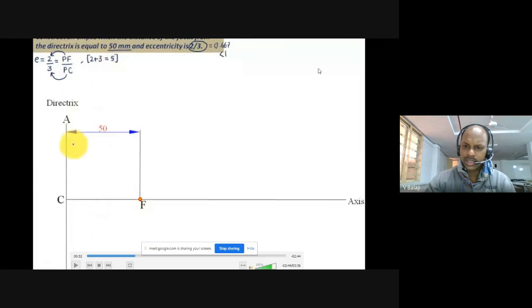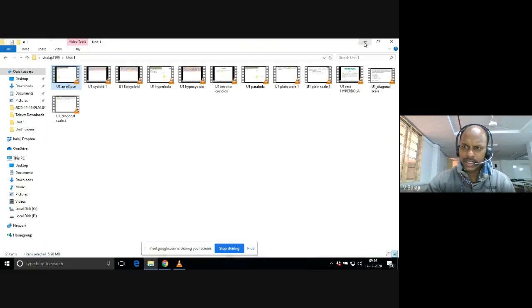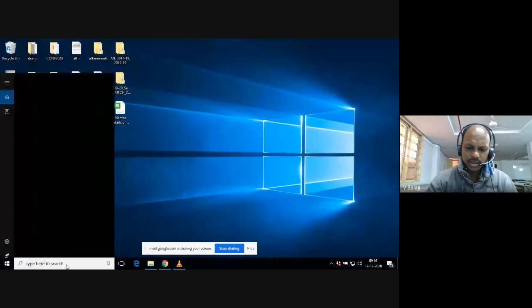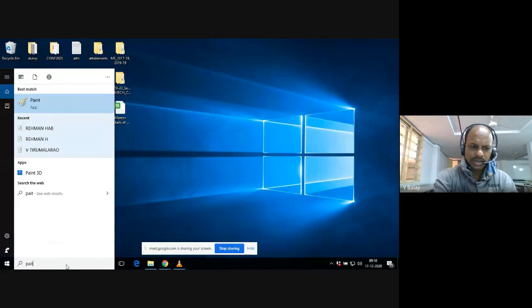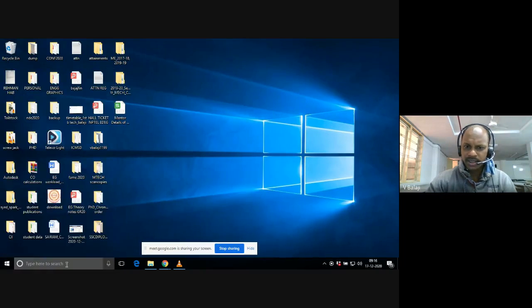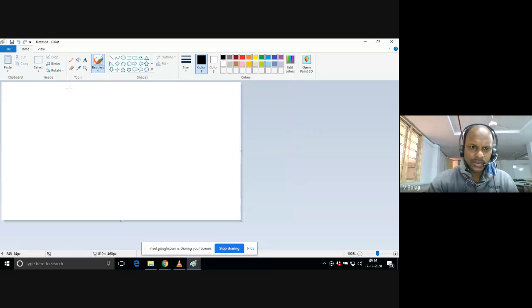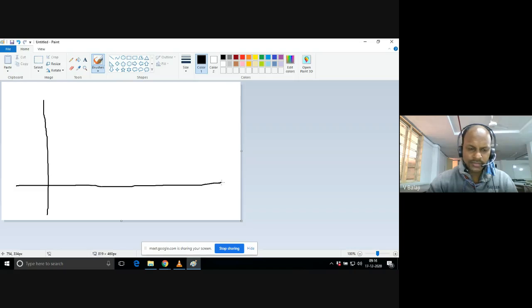If you want clarity, I will show one more screen. So I will open Paint. Suppose this is the directrix, this is the focus. What I am saying is this is the focus F.